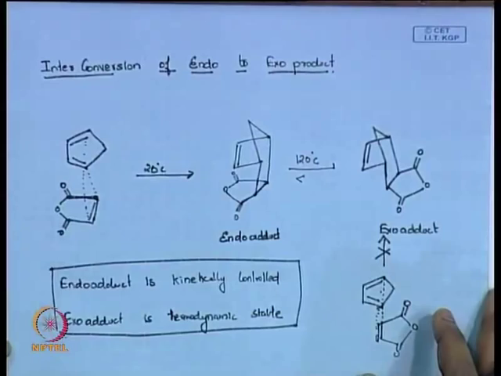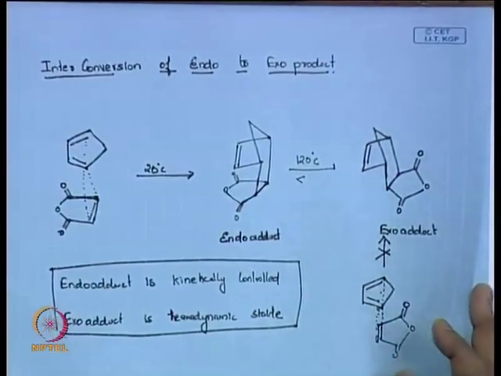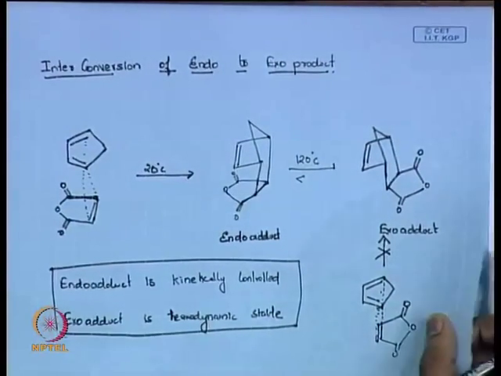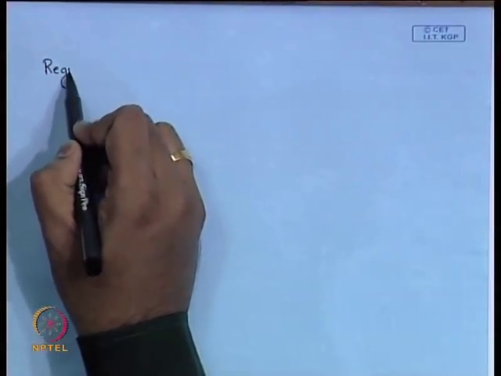So, that is the more important part of your exo and endo. We have seen selectivity, and now we have seen the interconversion of endo to exo. The other selectivity we are going to talk about is regioselectivity, which also occurs in the Diels-Alder reaction.